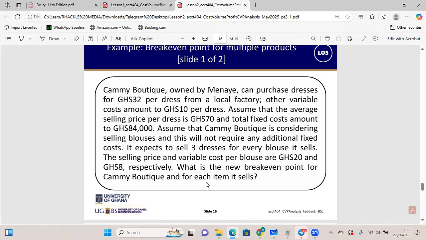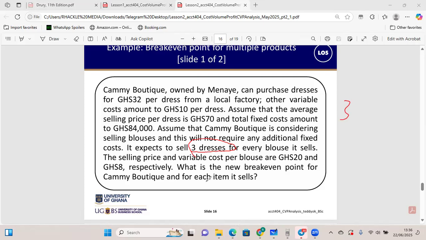Now if you want to find the break-even point for each item, first find the break-even point for the total, then you divide them based on the sales mix. Remember, the sales mix has been given to us in this question: it is expected to sell 3 dresses for every blouse.